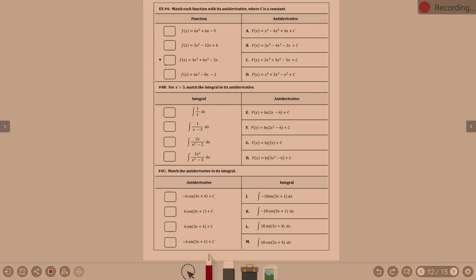So which one should it pair up with? D, the only one that has an x to the 4th. Can you do shortcuts like that when it's matching? Should you technically check all the terms? No, but I can check 4x cubed, 6x squared, minus 2x. Okay, so we got D.